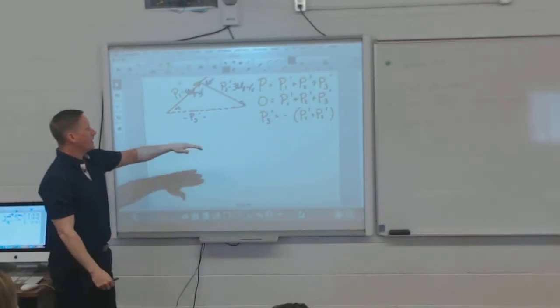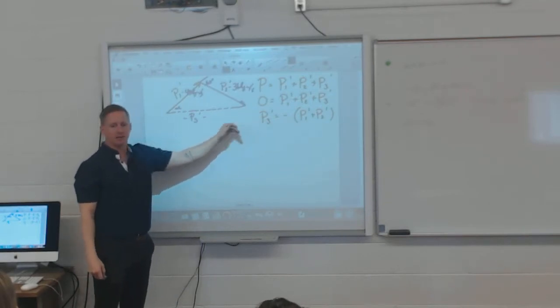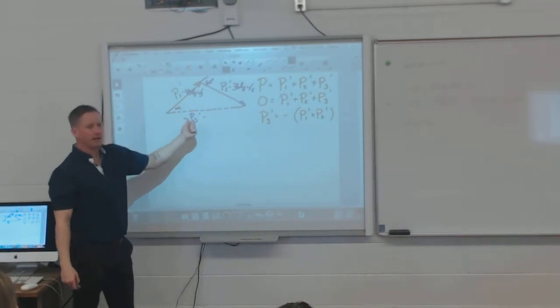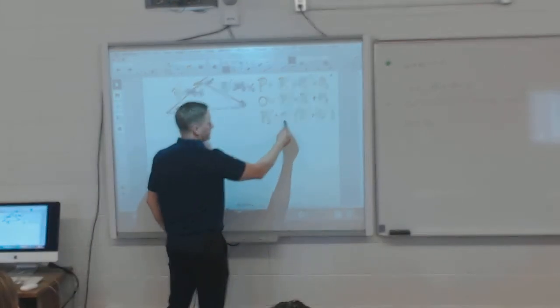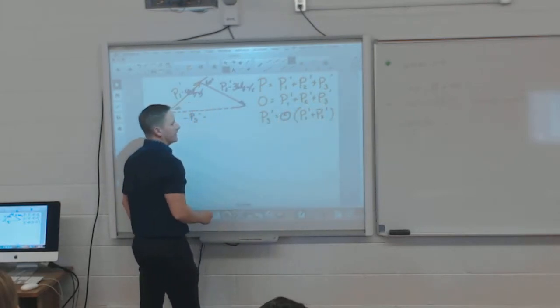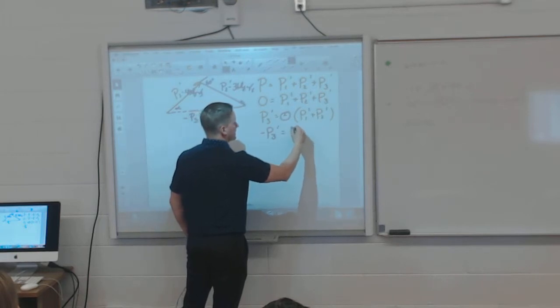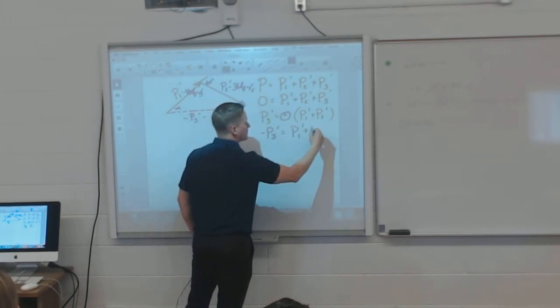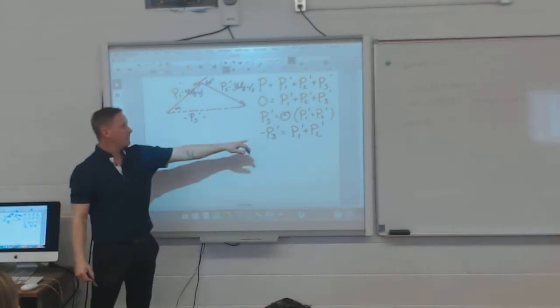Okay, so this is the part I feel like 90% of you are not going to understand, how I go from here to here. All right? Because I moved both of those to the other side. Realistically, this is what I have drawn right now, the negative P3 prime.